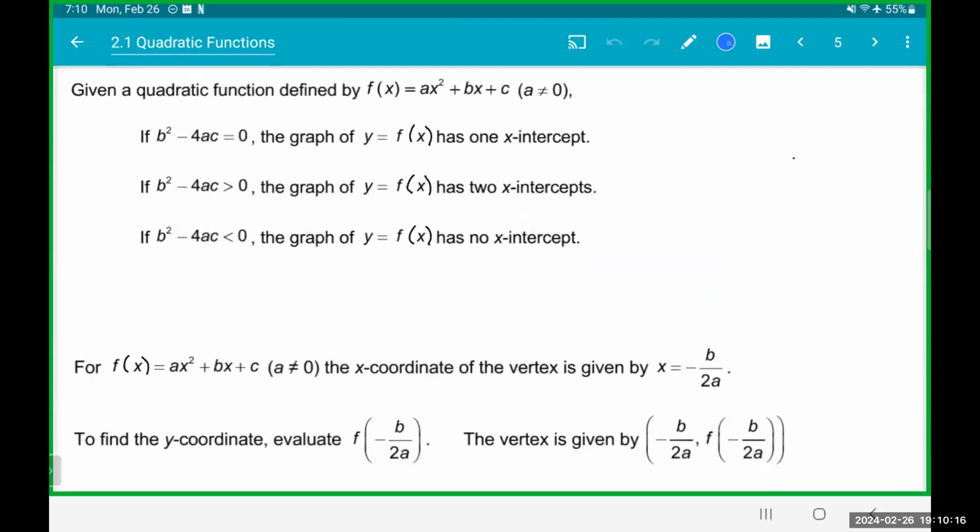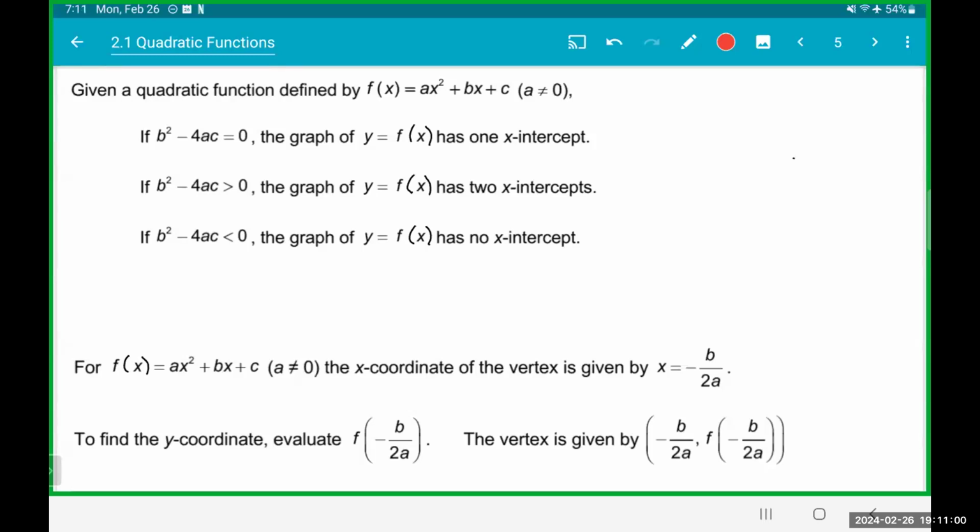All right. So the next thing we're going to look at is how to determine if our quadratic function has one x-intercept, 2 x-intercepts, or none. If you think about the quadratic formula, everything under the radicand, the b squared minus 4ac: if that is equal to 0, you're going to have exactly 1 intercept.